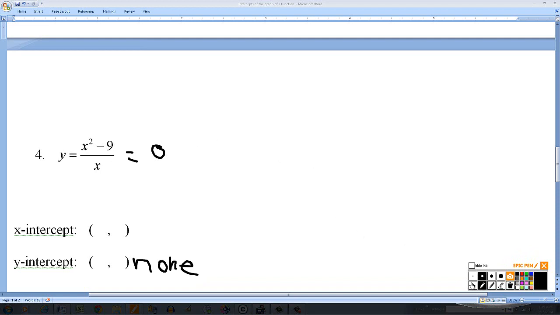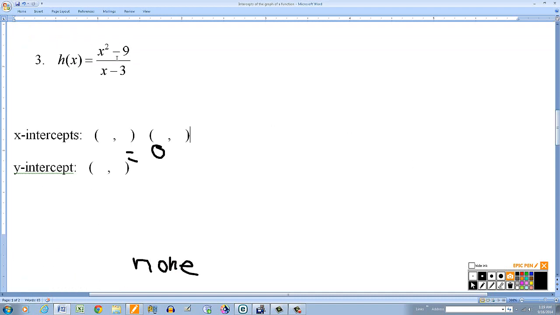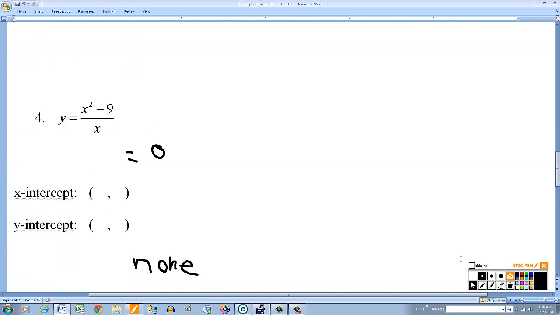Well, we kind of did this one over here. It's very similar to this one over here, the x squared minus 9 that I did. So that factors into (x - 3)(x + 3).